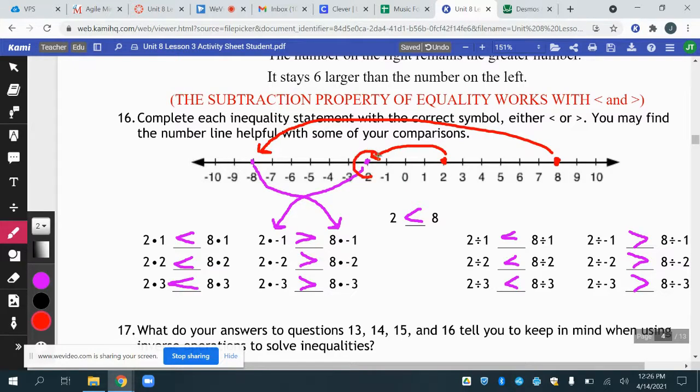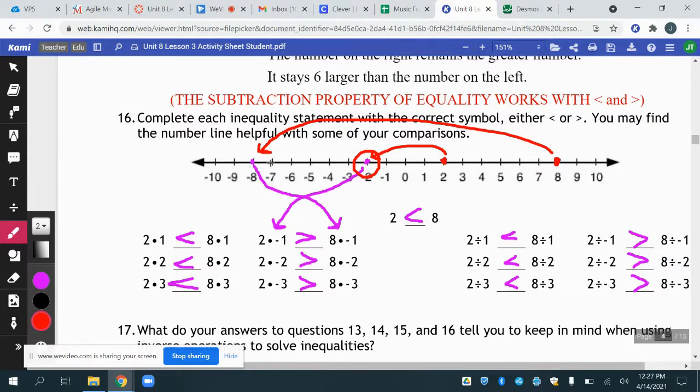Now, this guy's bigger because he's further right on the number line. So the arrow has to point the other way. Negative 2 is bigger than negative 8. So when I multiply by a negative, or just for the record, divide by a negative, it switches which one's bigger. Because 8 is such a big number that when it turns negative, it's a larger negative number.